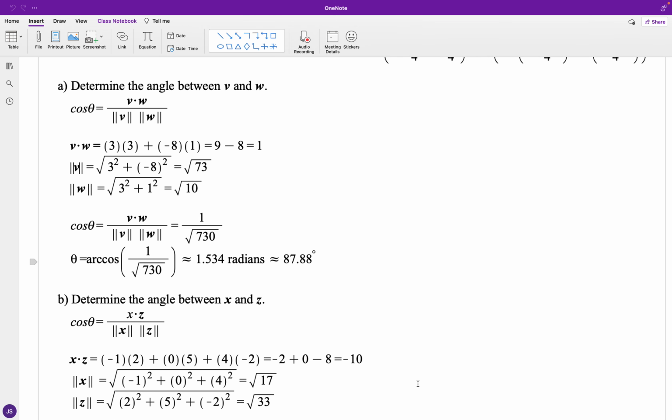And for the magnitude of x, you got the sum of the squares of -1, 0, and 4, so we had the square root of 17. For the length, or the magnitude, of z, we're taking the sum of the squares of 2, 5, and -2, and that is going to come out to the square root of 33.